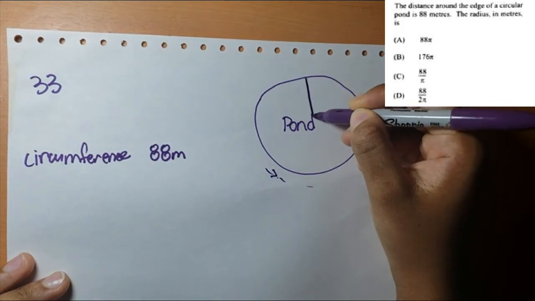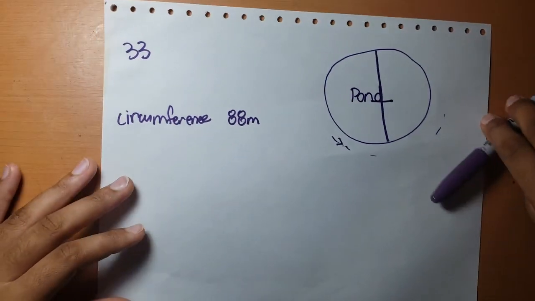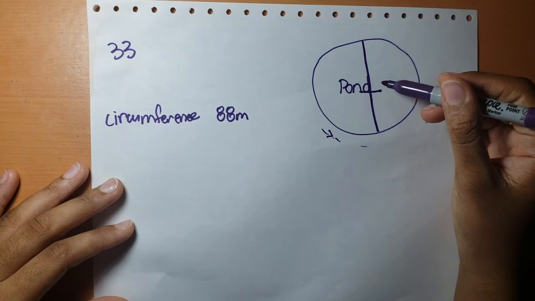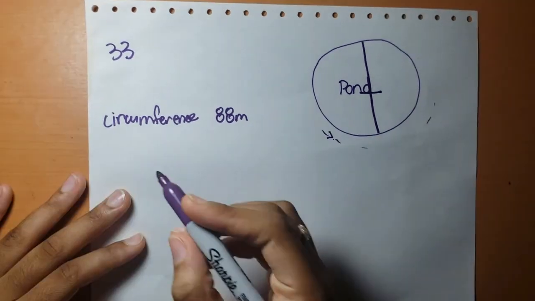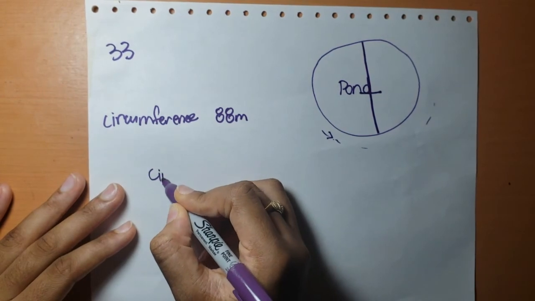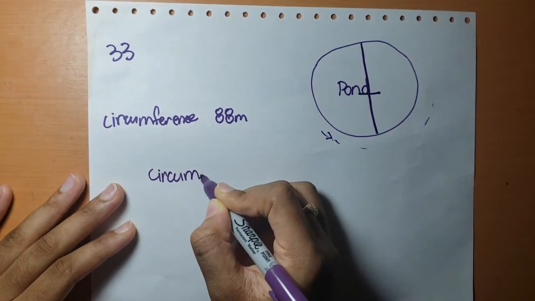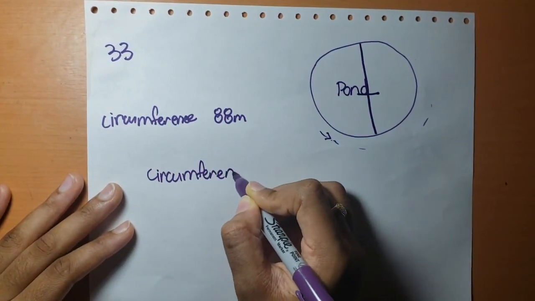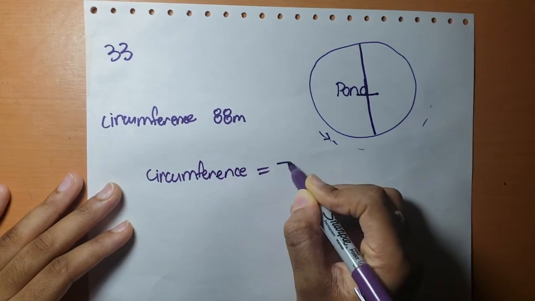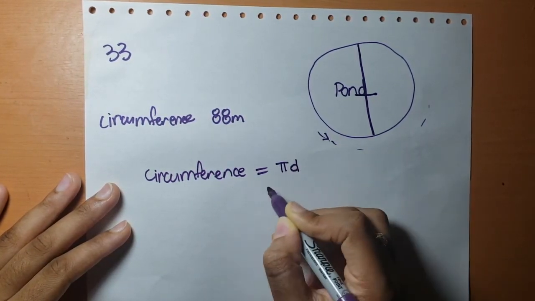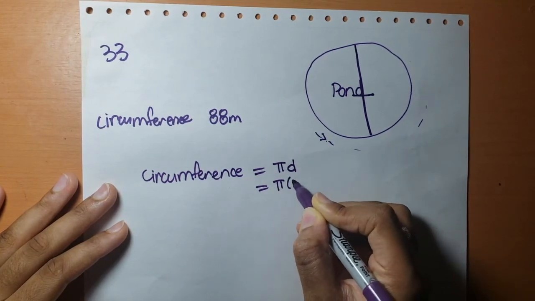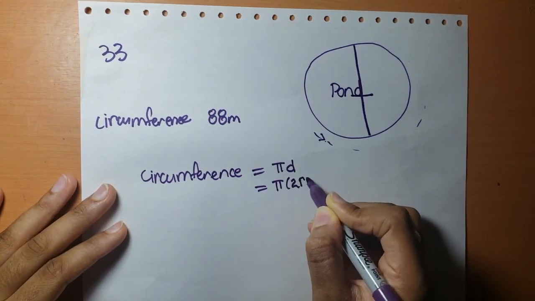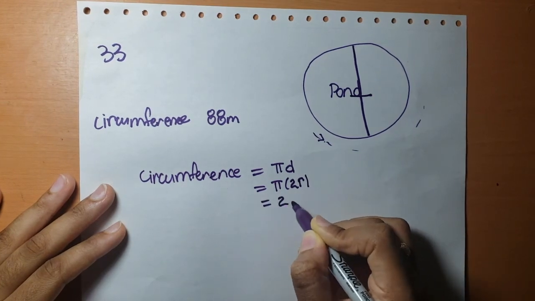So we know that this is the diameter, and we know that the radius is halfway the diameter. It's not drawn to scale, so we know the formula for circumference is equal to pi d. This is also pi times, remember that the diameter is twice the radius, so this is 2r, or you can have it as 2 pi r.